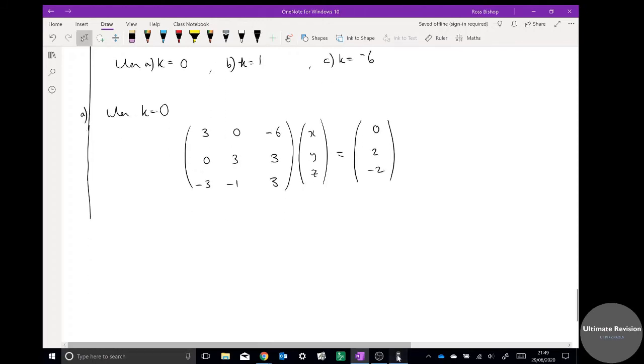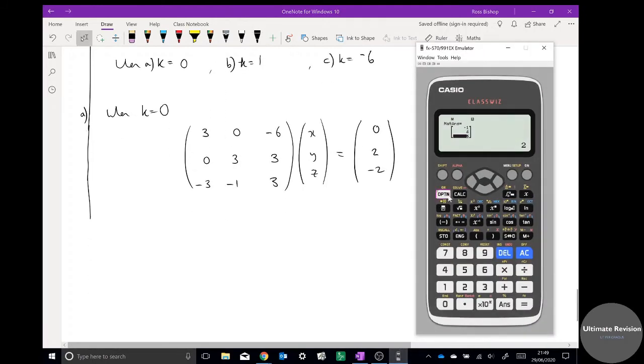And I'm going to do this on the calculator again. I'm going to go to define matrix and put in 3, 0, 6, 0, 3.